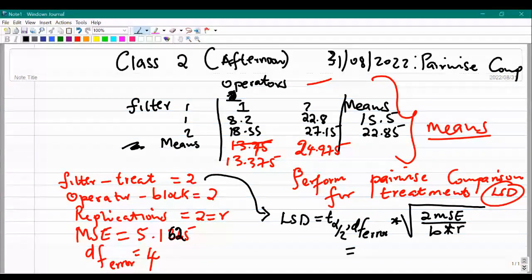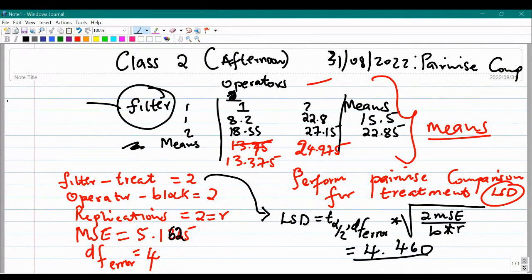You want to check if there is a difference between filter 1 and filter 2. The LSD is 4.46. So do the comparison of the filter.